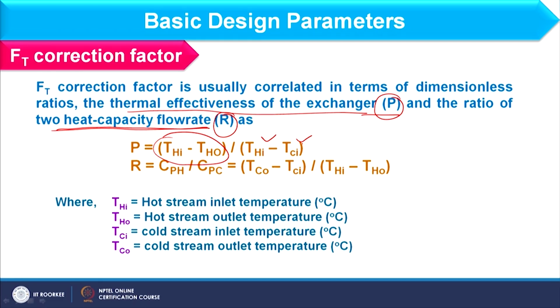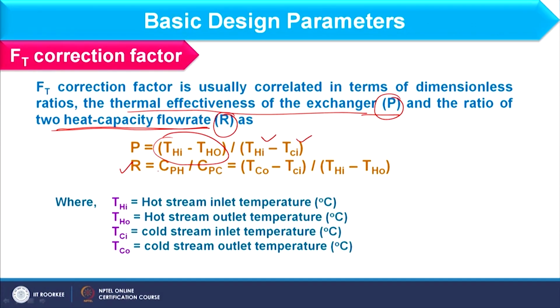So, that is the maximum temperature difference available in the system, and THI minus THO is the temperature difference of the hot fluid. So, the maximum value of P should be 1.